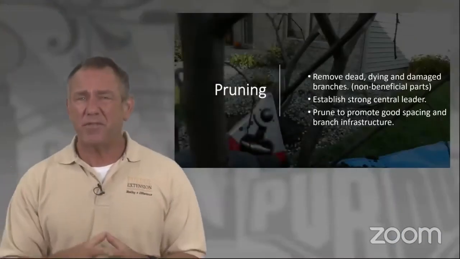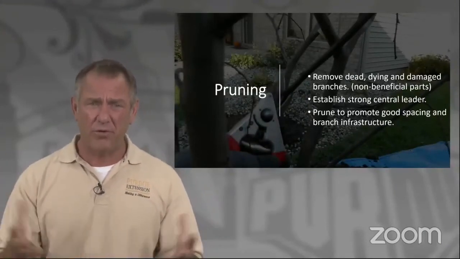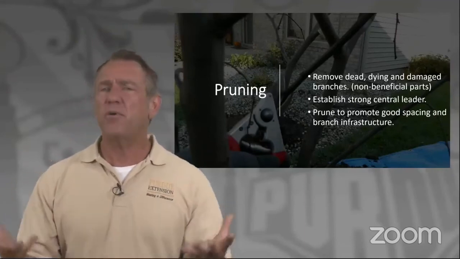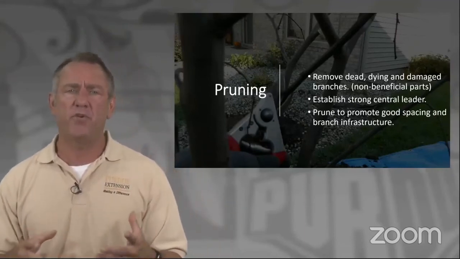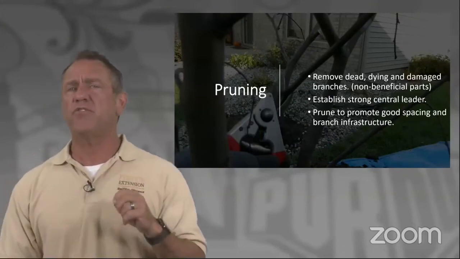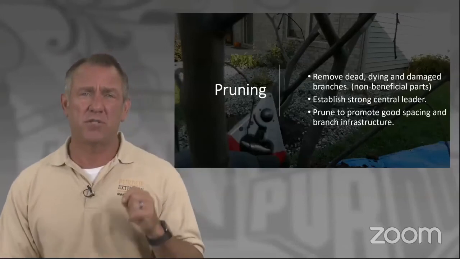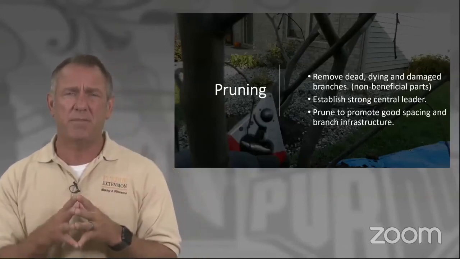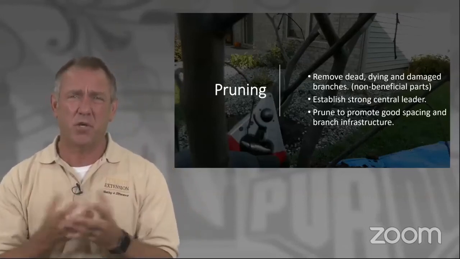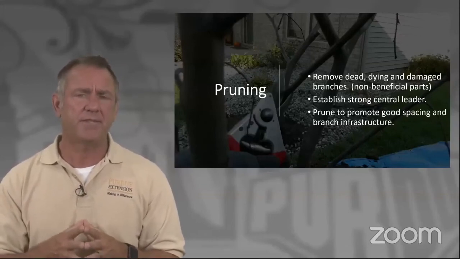All right, the last couple of things I want to talk about are pruning and fertilization, and I've alluded to this a little bit earlier. The only pruning we really want to do is remove anything that's been damaged during the planting process, but also do some structural pruning to develop a strong central leader, or strong dominant system, and remove those multiple leaders and co-dominant branch structure that we often see in trees.